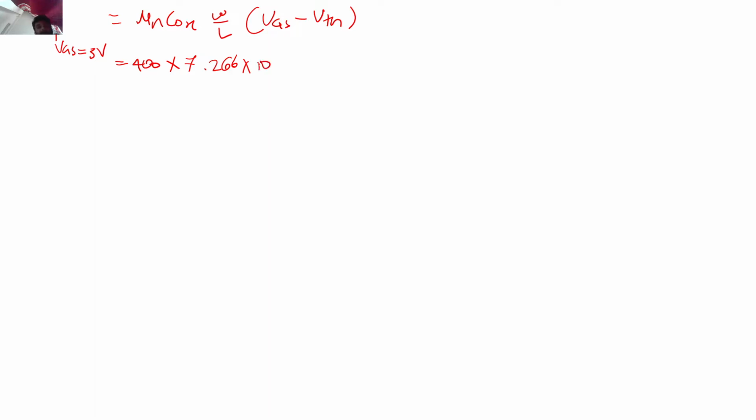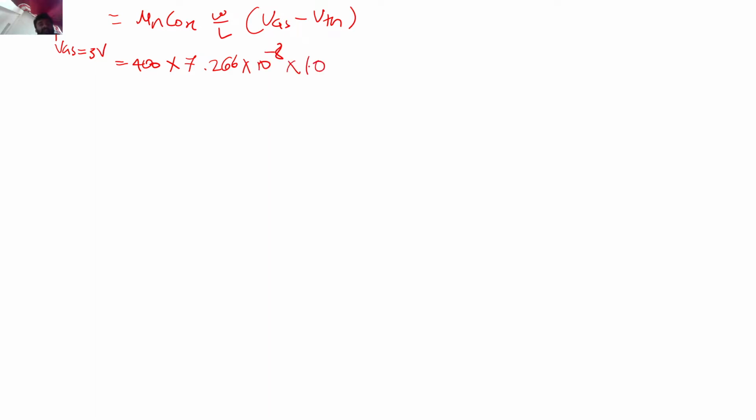So now let's calculate the Gm old at the new value of Vgs, that is 3 volts. This will be mu n Cox of W by L into Vgs minus Vth. We have already calculated everything. This is 400, then the Cox that we have is around 7.266 into 10 to the power minus 8.